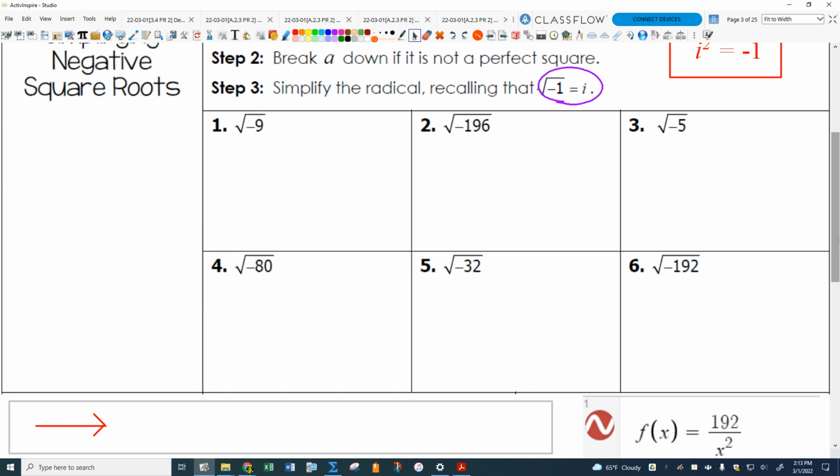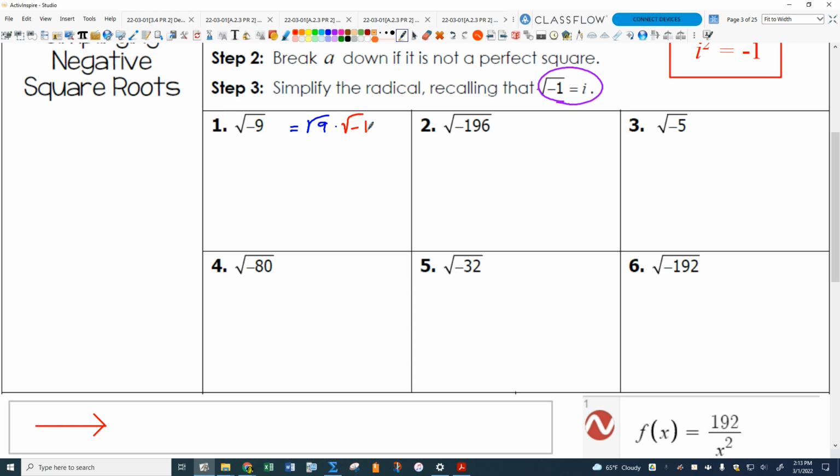Like let's look at the square root of negative 9, okay? Square root of negative 9, we could write as the square root of positive 9 times the square root of negative 1. Okay, well, what's the square root of 9 equal to? 3, right?